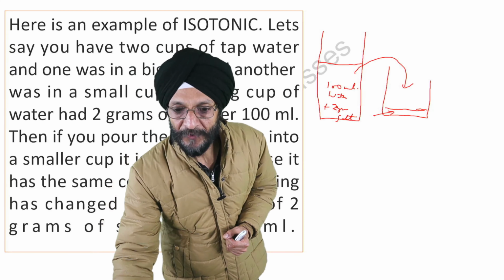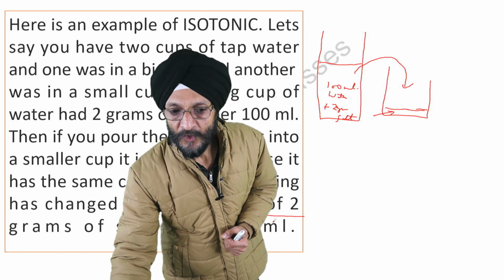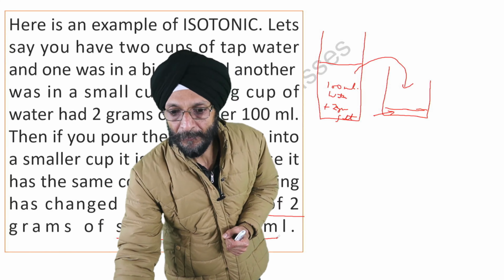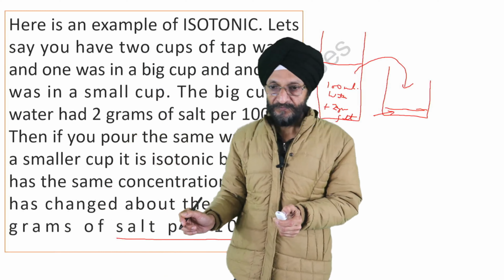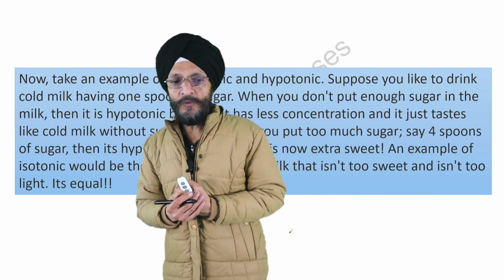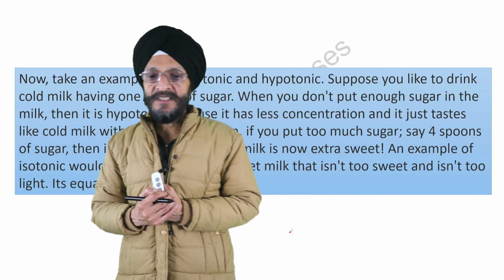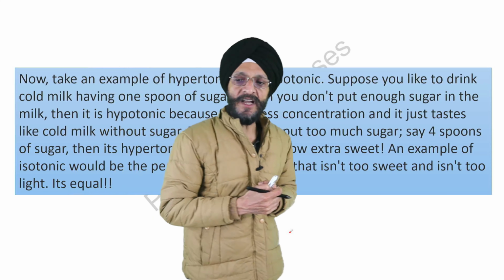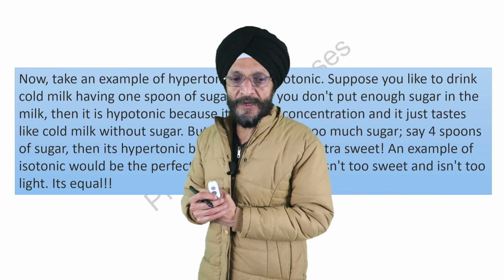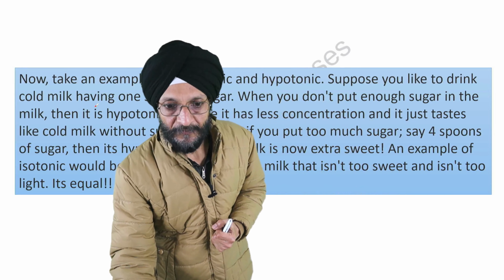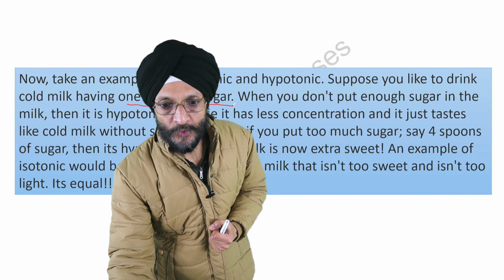The ratio of salt is 2 grams salt per 100 milliliter. The ratio will remain the same. Now we take another example of hypertonic and hypotonic solution. Suppose you like to drink cold milk having 1 spoon of sugar.